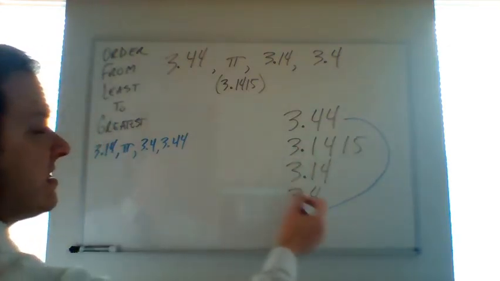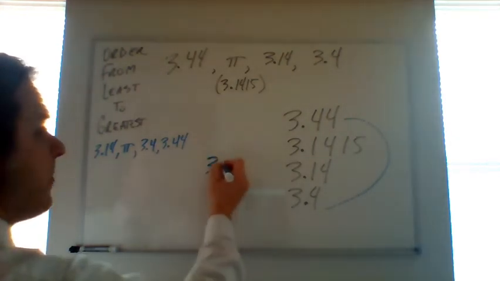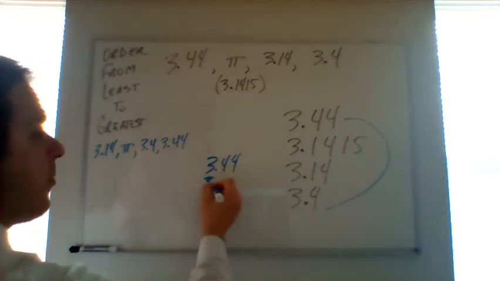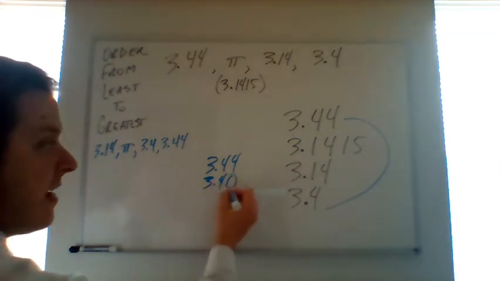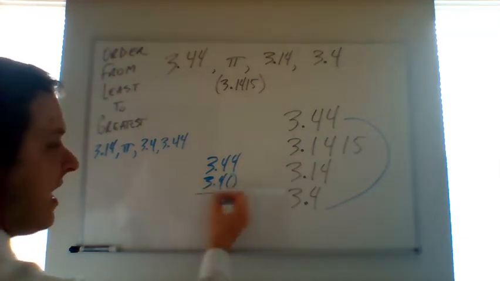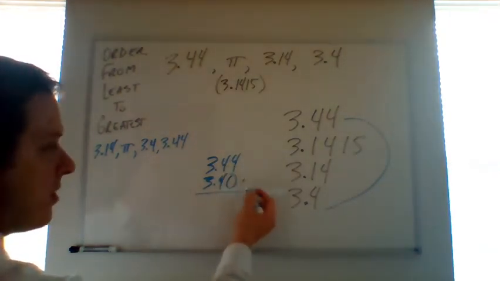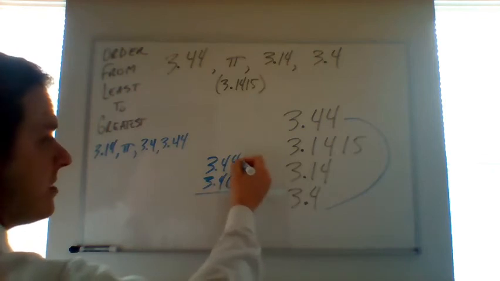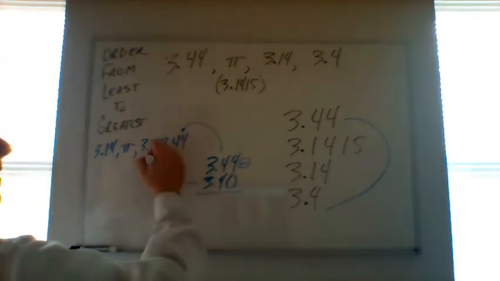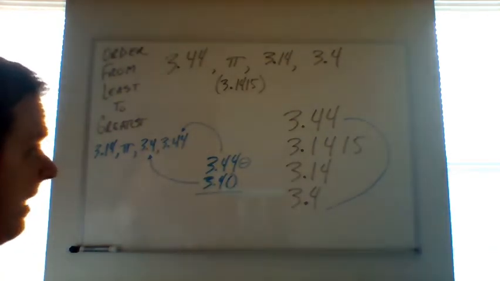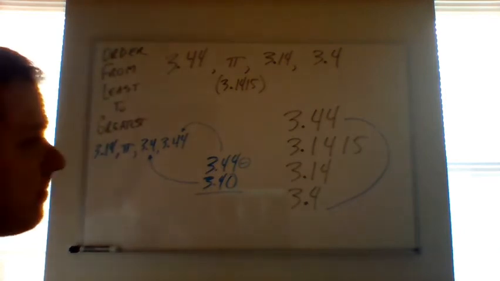So our job is to determine which of these two are larger. If I wrote those over here, I have 3.44 and 3.4. I'm going to fill in this decimal with a 0 to make sure they both have the same number of digits. So which number is larger, 0.44 or 0.40? Well, 3.44 is the biggest. 3.40 is the second biggest. Remember, we're writing from least to greatest here.